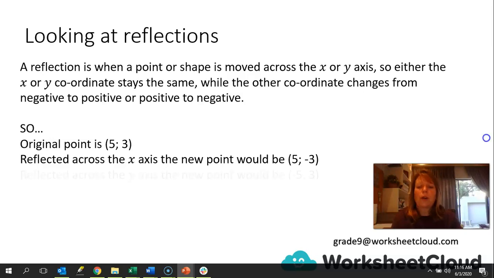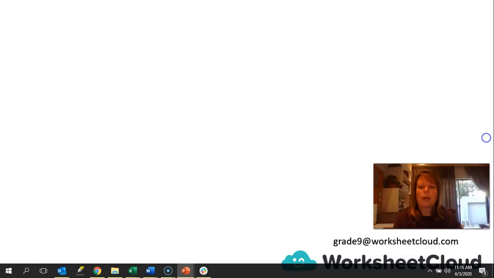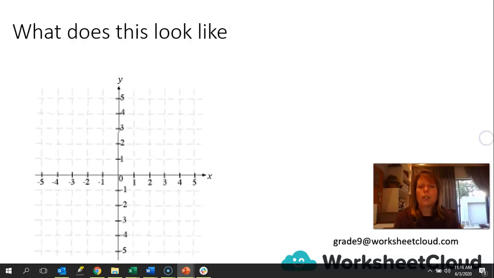If you were reflecting across the y-axis, the new point would be (-5, 3). Remember, a reflection is going across an axis, either the y-axis or the x-axis, and therefore one of the coordinates will change and the other one will stay exactly the same. Let's put this into practice and see what it actually looks like.